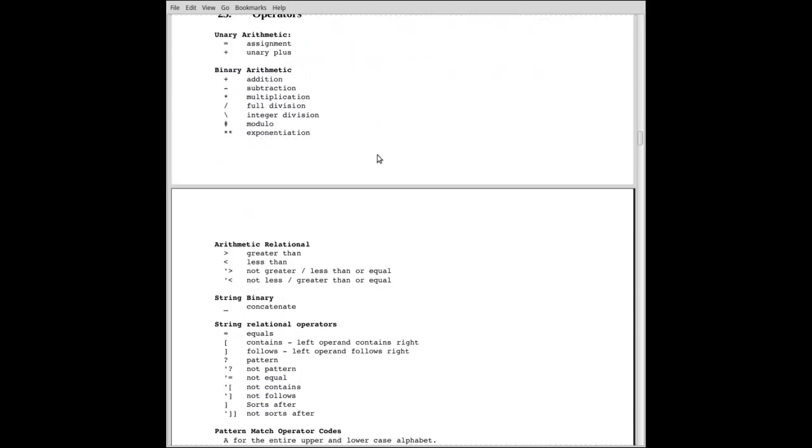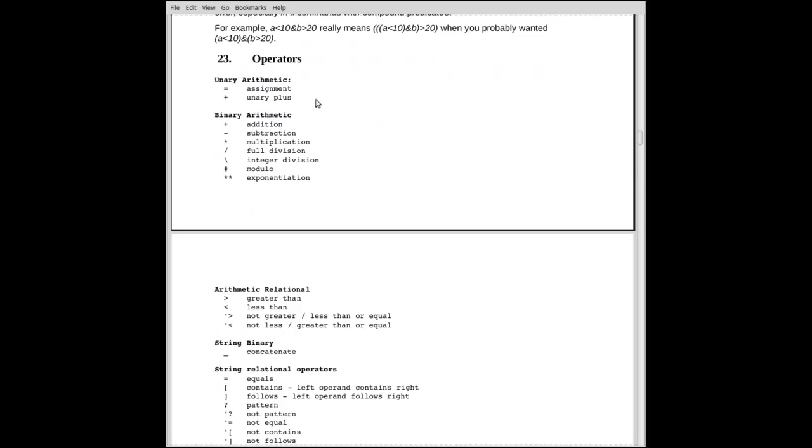The basic operators, first of all, you've got assignment. That's an error. That should be negative. Not a unary operator. That should be the minus sign, and this should be the unary negative. I'll have to correct that. So that's supposed to be a minus sign. That's unary minus or unary negative.